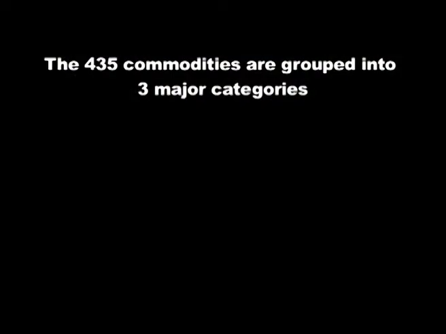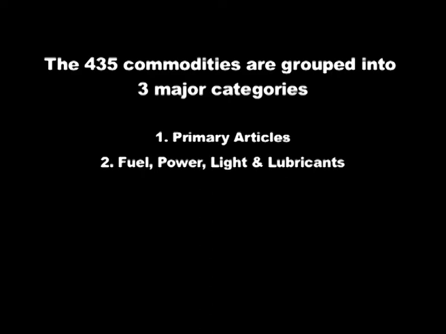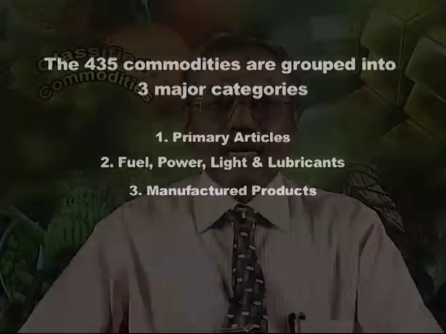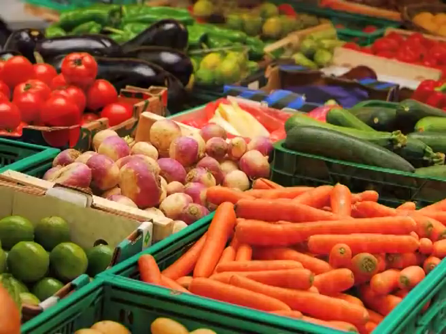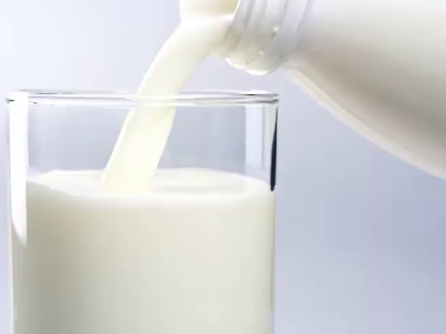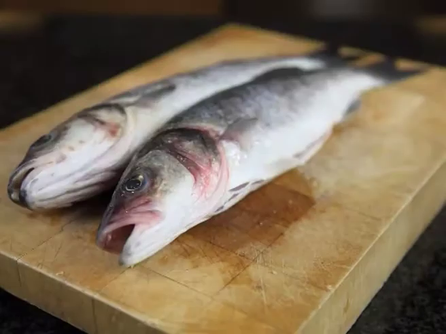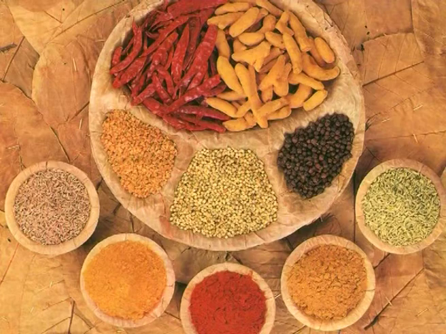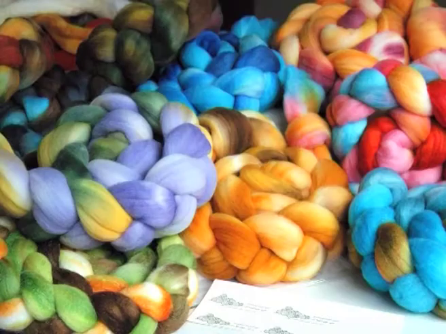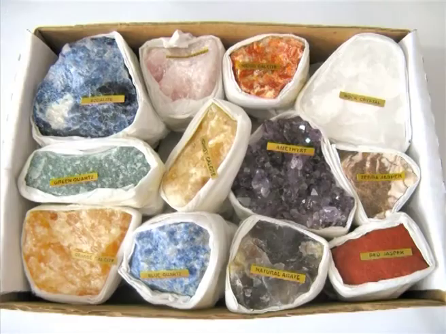On a broader level, the 435 commodities are grouped into three major categories as primary articles, fuel, power, light and lubricants, and manufactured products. The primary articles consist of food grains, fruits and vegetables, milk, eggs, meat and fishes, condiments and spices, fibers, oil seeds and minerals.